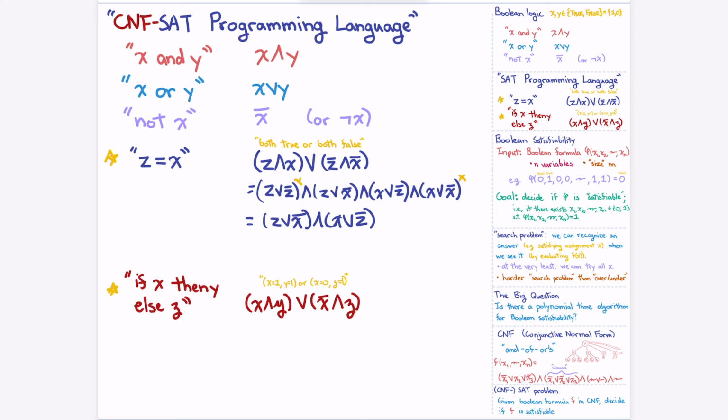How about if x, then y, else z? x or not x, x or z, y or not x, y or z.